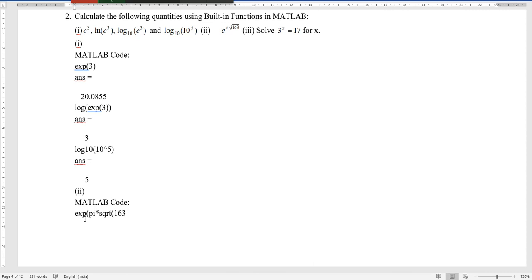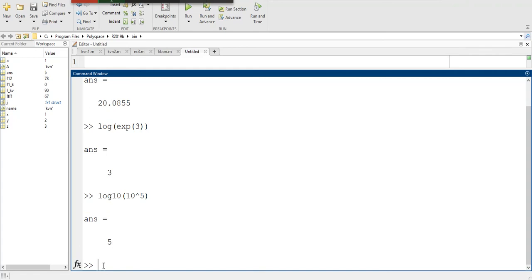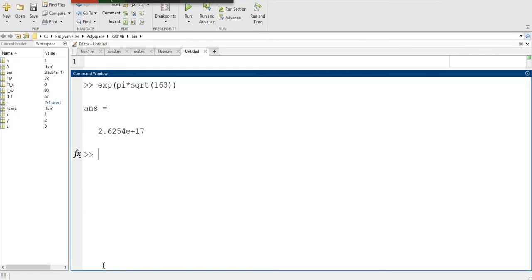Now double bracket, verify the number of brackets. I will calculate the value, and you will get some value.